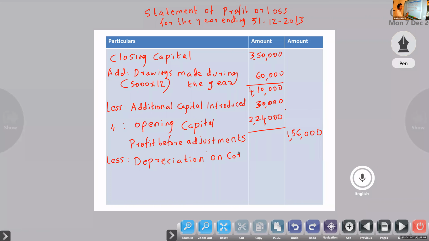So here car 80,000 into 5%, 80,000 into 5%, so 4,000. Next, less depreciation on furniture.